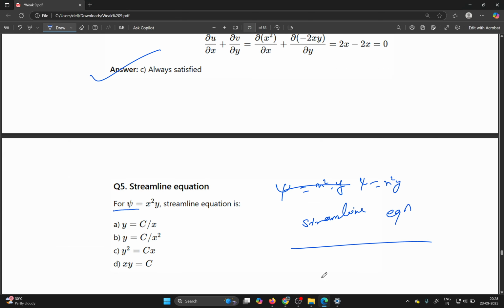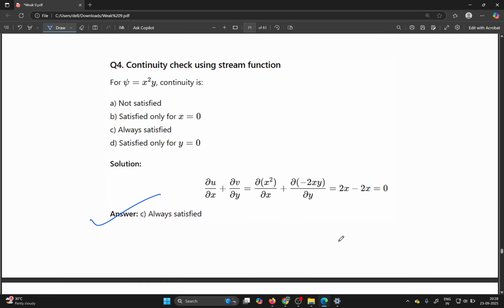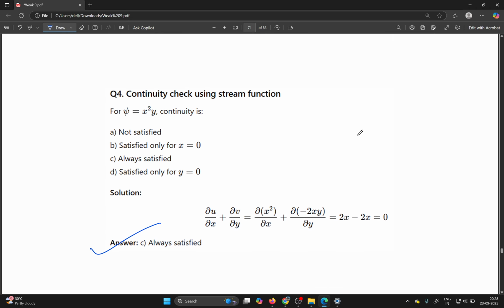Okay, so before moving to this question, I want to just discuss the previous one. Here is also a very important thing. From the last few questions we are discussing, you know one thing: u is equal to del psi by del y and v is equal to minus del psi by del x.